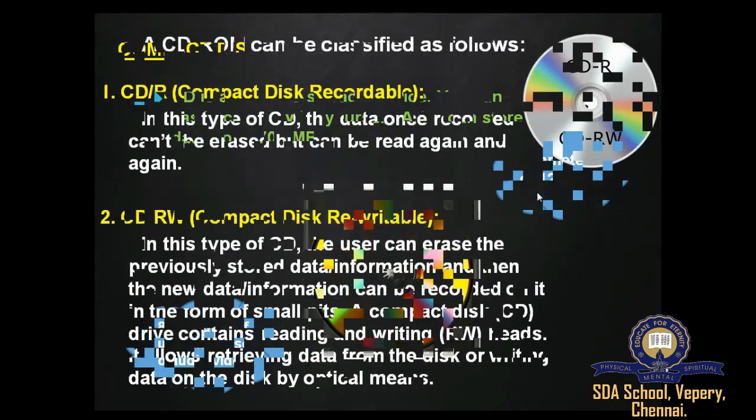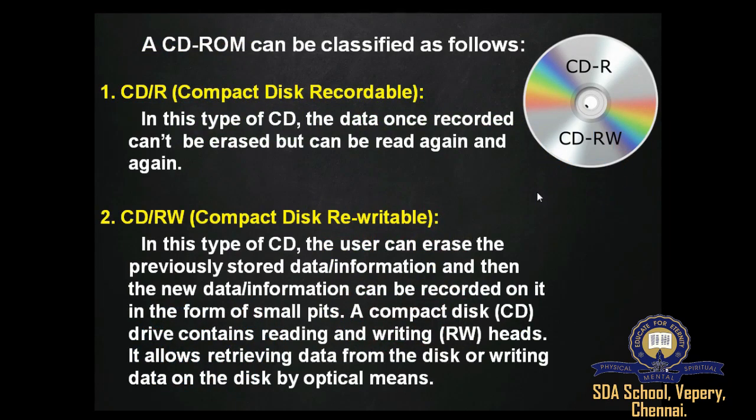CD can be classified into two types, that is compact disc recordable and compact disc rewritable. In compact disc recordable, the data once recorded can't be erased but can be read again and again.